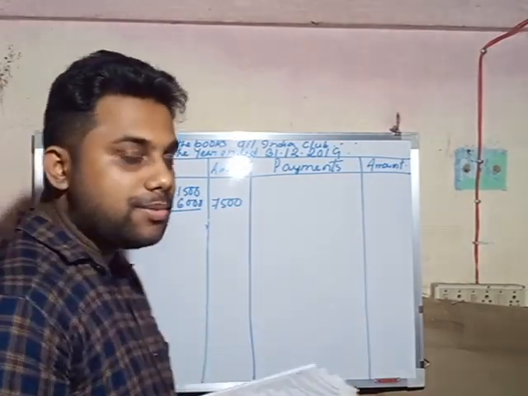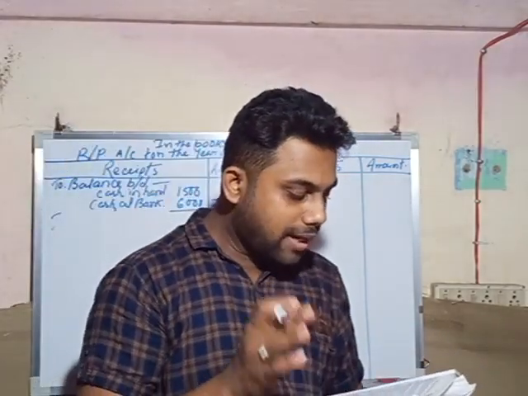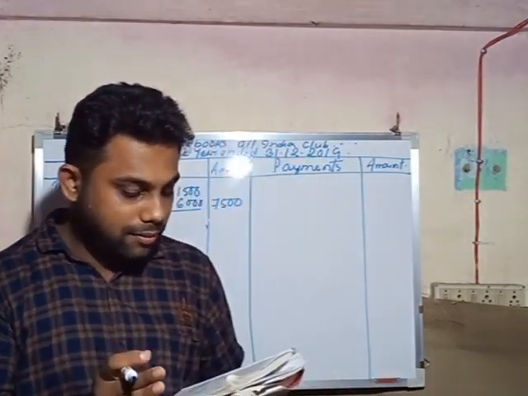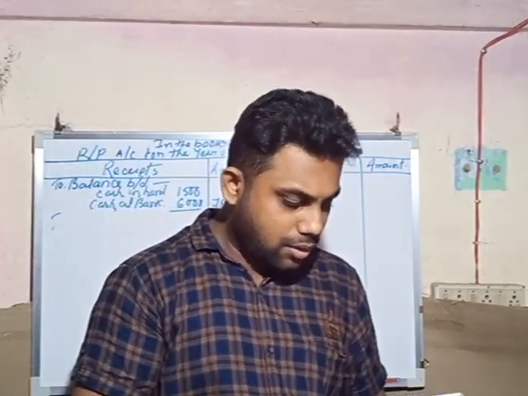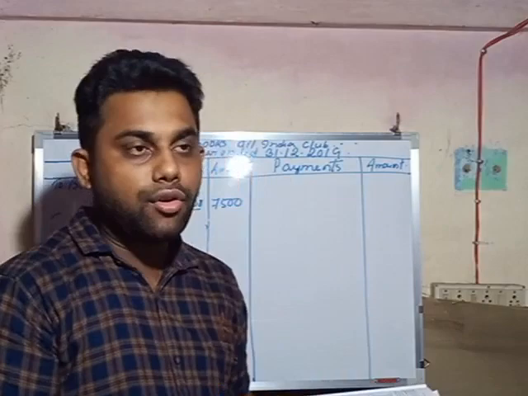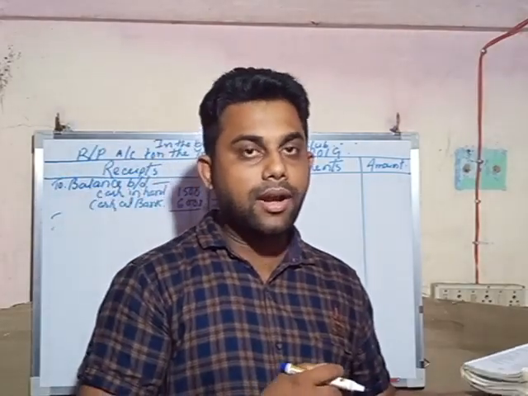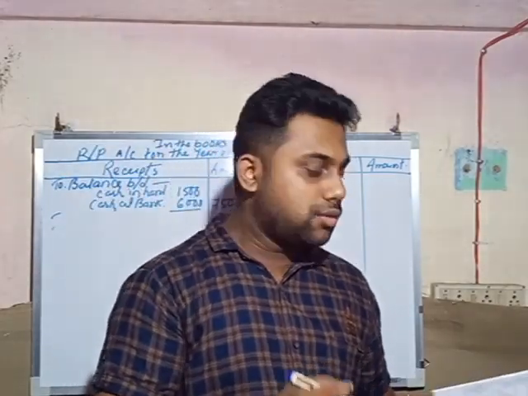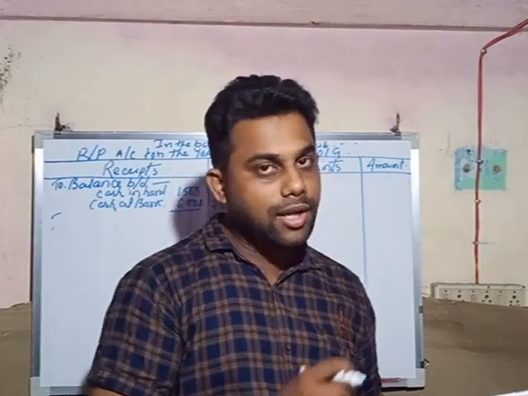Two subscription receipts. In the subscription receipt, in brackets it is written that it includes rupees 400 for 2018. That means the previous year, but whatever the amount for the previous year, current year or future year, in that year we have received that amount, so it comes in the receipt side.